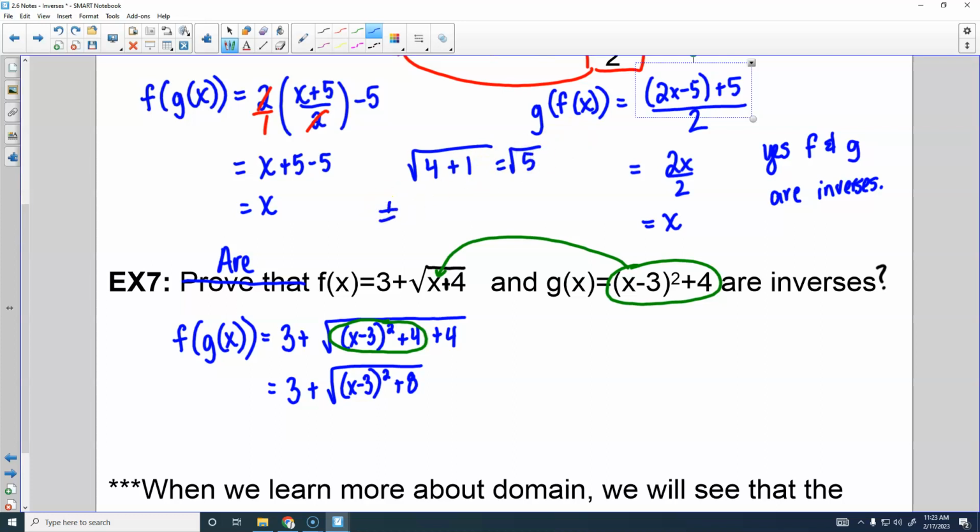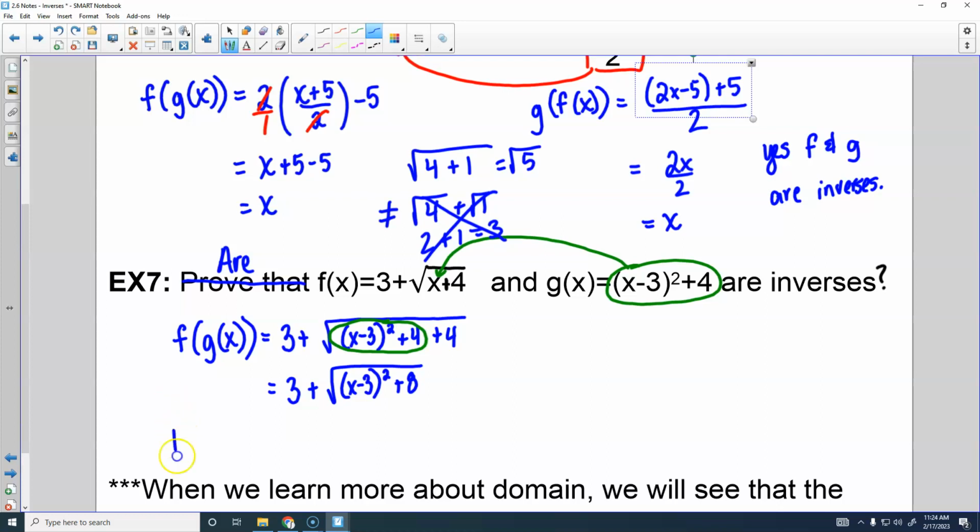It does not equal the square root of 4 plus the square root of 1, which would be 2 plus 1, which is 3, right? That would be wrong. You couldn't do it that way. So if you've got a plus or a minus sign inside of a square root there, you can't square root those separately. So that 8 is messing you up there. So these can't be inverses because that's not going to simplify down to give me x.